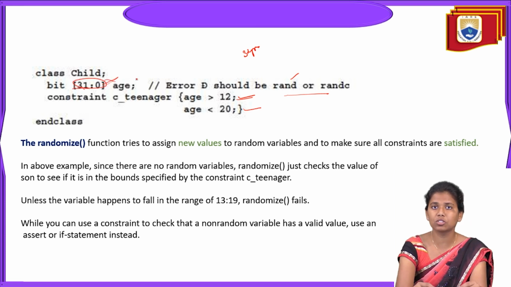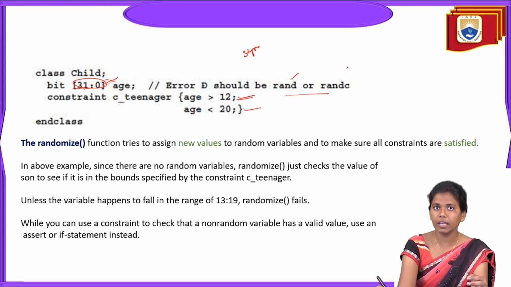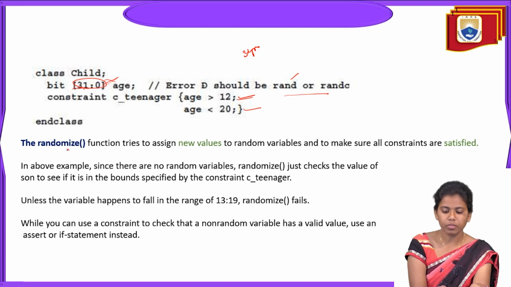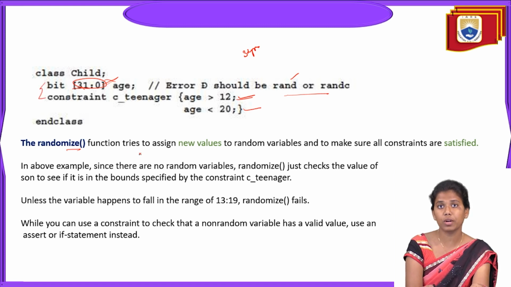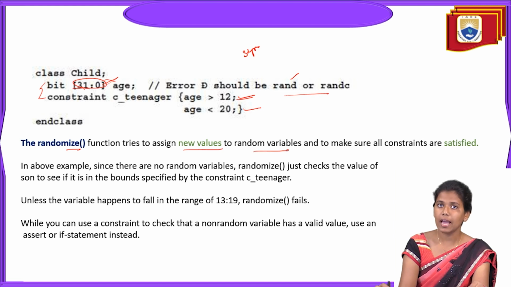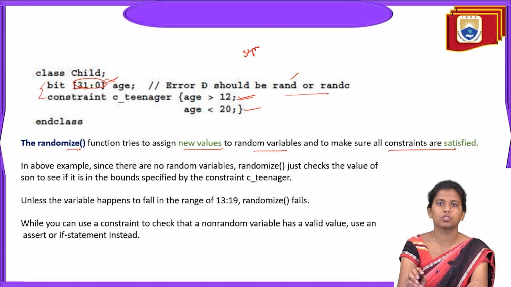In such cases, we can solve the problem by using the modifier rand or randc. Instead of plain declaration, we introduce rand or randc. Randomize is nothing but randomization. The randomize function tries to assign new values to random variables and to make sure all constraints are satisfied.